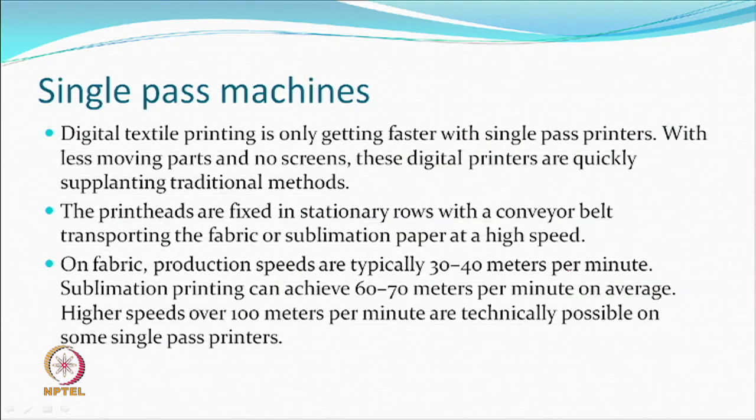So don't move. Why? Because you are now looking at the possibility of speeds as high as 100 meters, which is very high. Normally in the carriage system, this kind of speed will not be possible. So print heads are fixed in stationary rows.